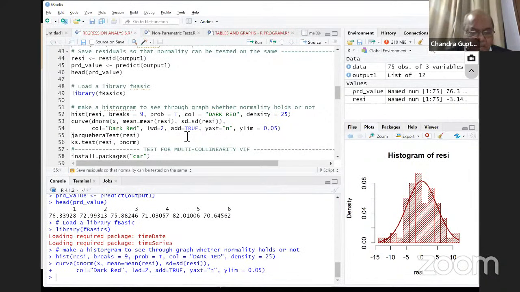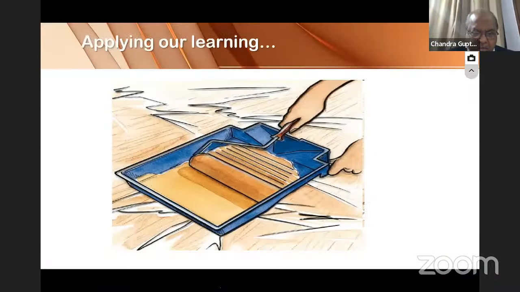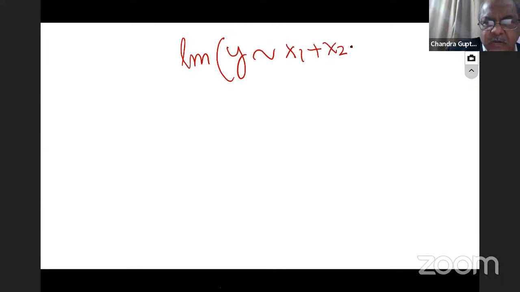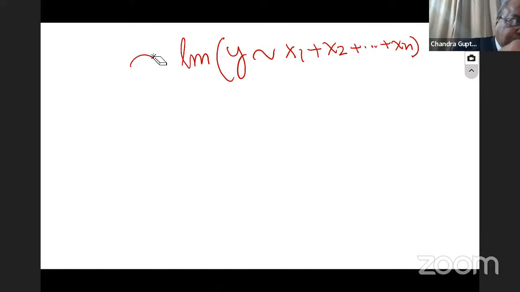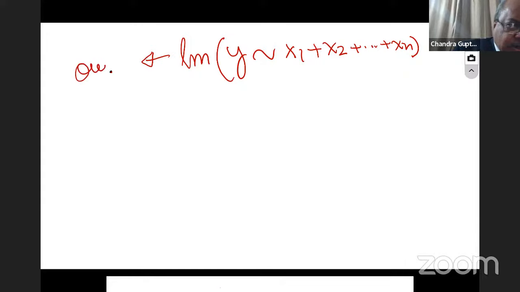Let me repeat these steps which we are doing so that you can appreciate it. LM y x1 plus x2, this will give you output or the result.